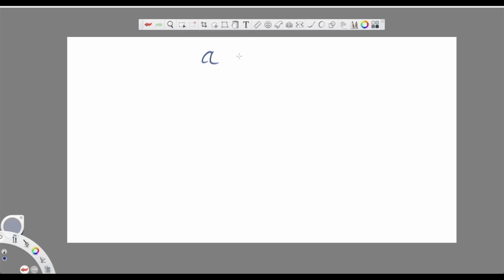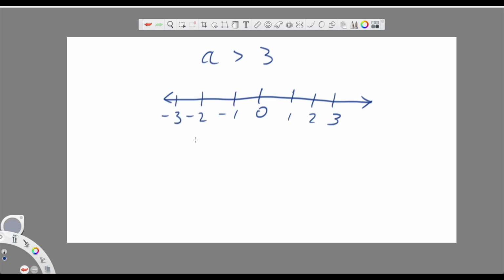Also, I kind of assumed most of you already know how to graph, but let's say you didn't know how to graph a is greater than 3. You're going to have a number line, 0, 1, 2, 3. So this looks like your common number line.